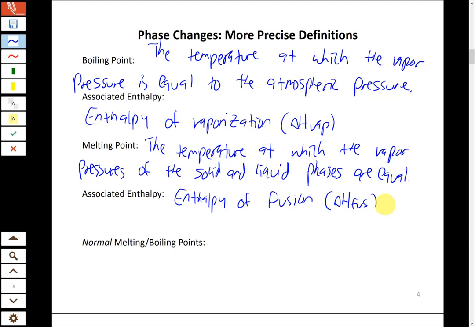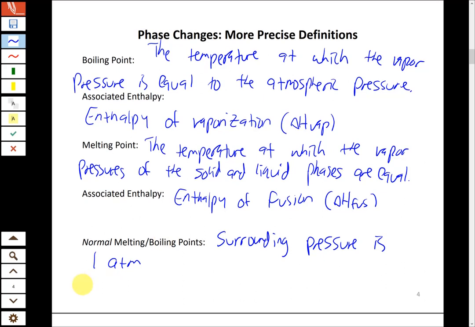And then finally, what we also have for every substance is what's called its normal melting or normal boiling points. And those are the corresponding boiling point and melting point temperatures when the surrounding pressure is exactly 1 atmosphere. And so what that means, we already said that boiling point is the temperature at which the vapor pressure equals the atmospheric pressure.